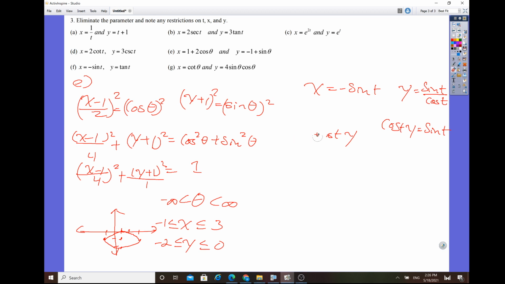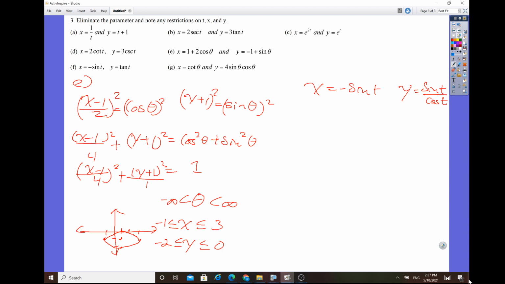Okay, so think about it the other way around. Sine of t, cosine of t. So we try to get rid of that sine. This one is one of the interesting ones to think about.